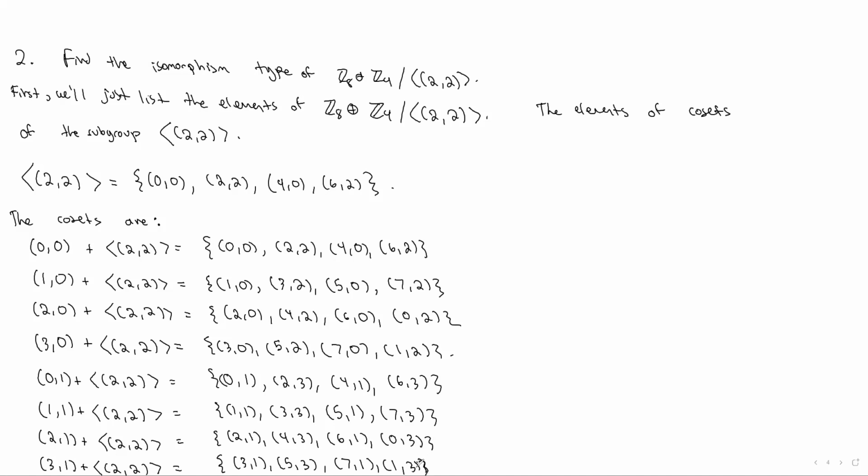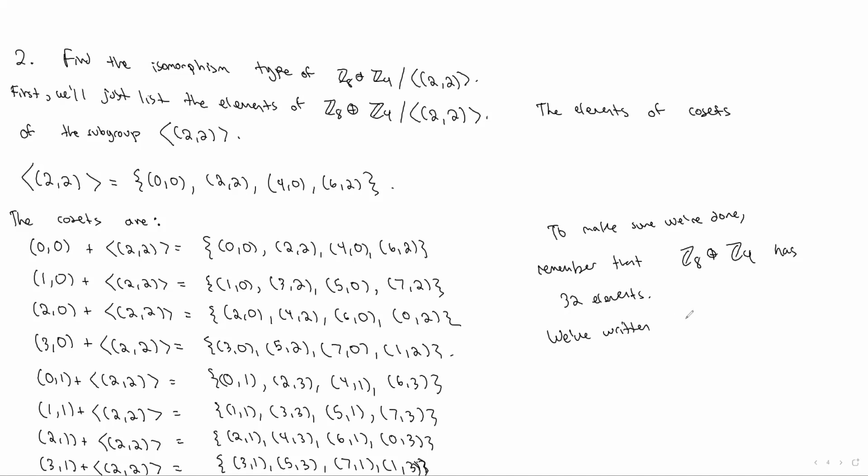So, to make sure we're done, remember that Z8 plus Z4 has 32 elements. And we've written 8 disjoint cosets of size 4.